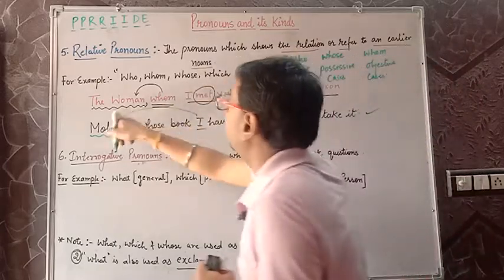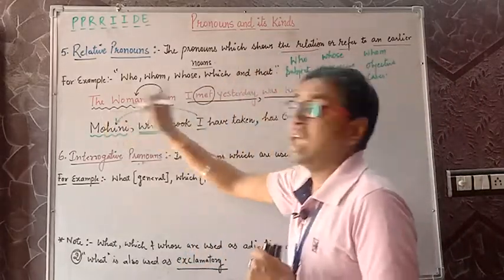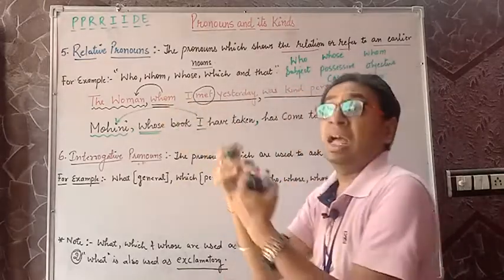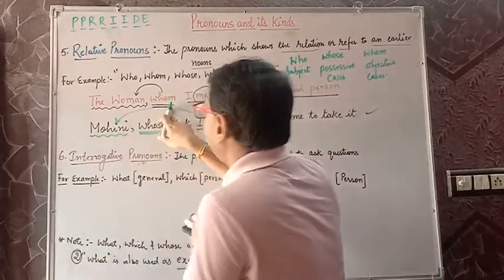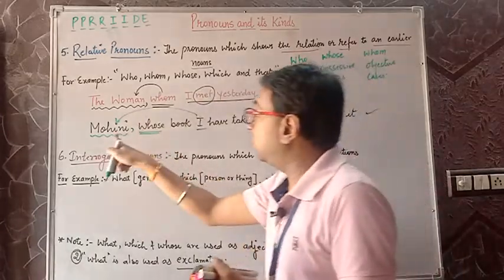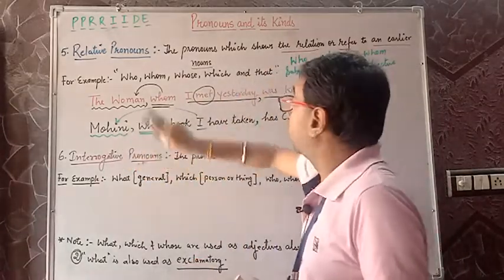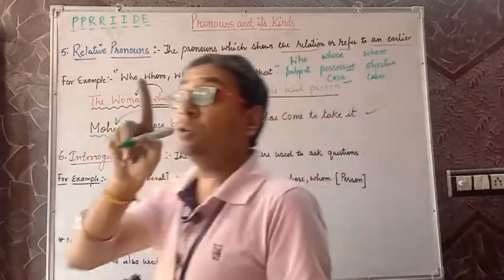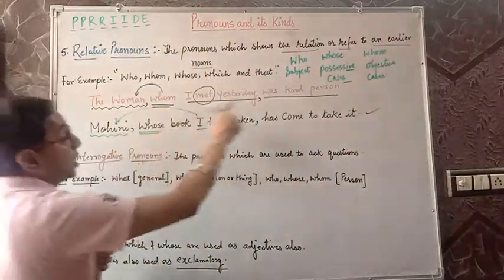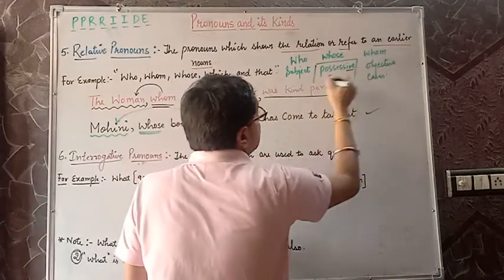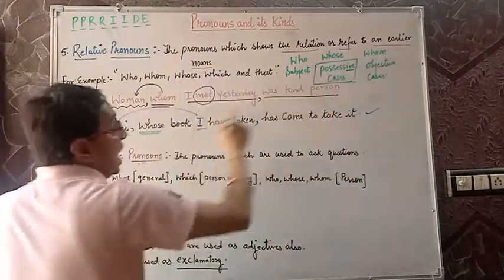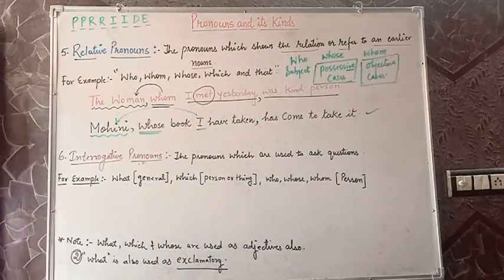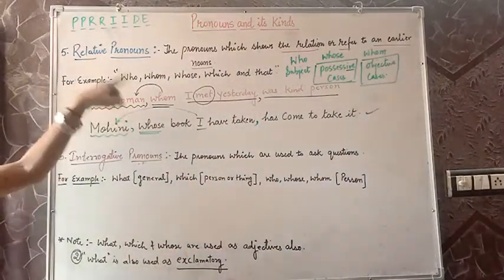For example, the woman whom, because the woman here is acting as a subject. Now I am using whom I met as the object. That is why I have used whom. Similarly, Mohini, whose. So basically Mohini is possessive case. Why? Whose book? Whose book have I taken? Mohini's book. So that is why the possessive case is coming here as whose, and whom I have used as the objective case. That is why I wrote the woman whom I met.